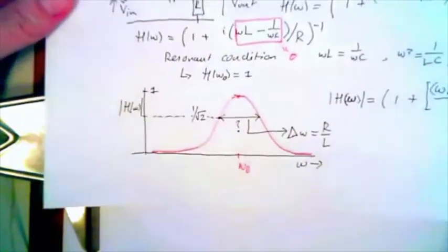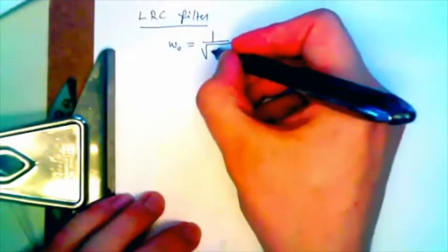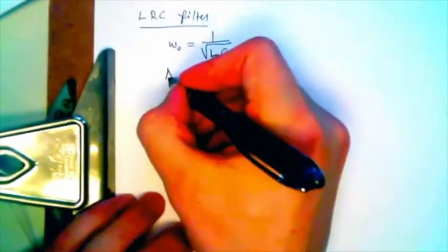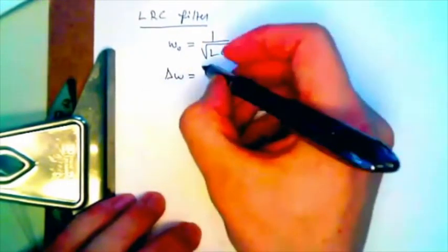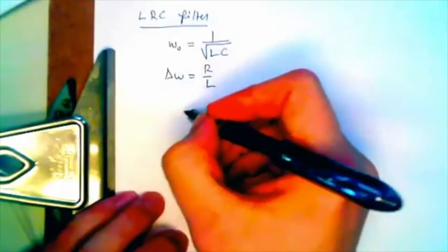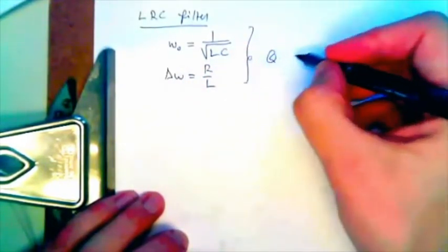So let's write some important things down. The LRC filter: we have the resonant frequency, 1 over root LC, and we have the width R over L, and we could combine these, and then we get a Q for quality factor.